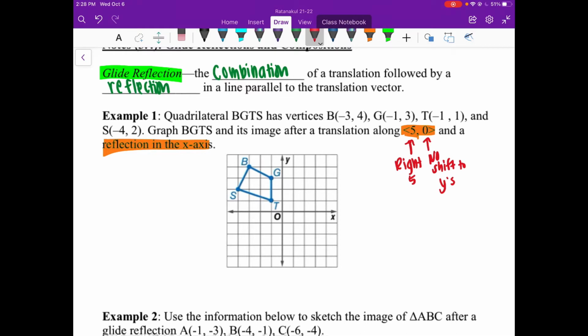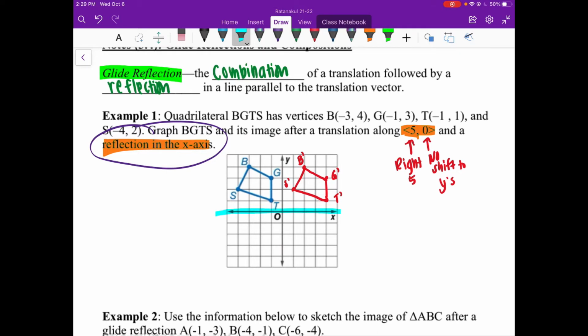So the first thing we're going to do is take our quadrilateral and shift it right 5. And I'm going to label it with a little prime mark. So it should look something like this. From here, we're now going to reflect over the x-axis.